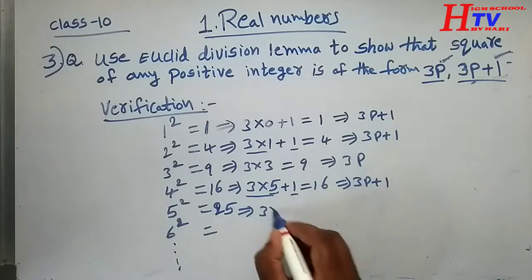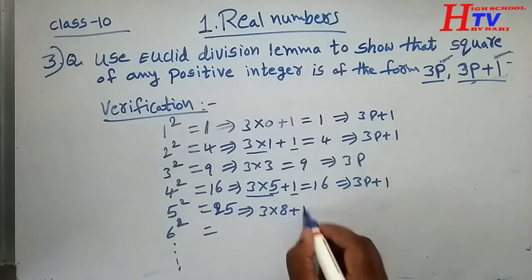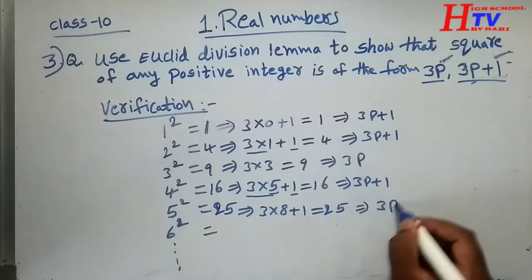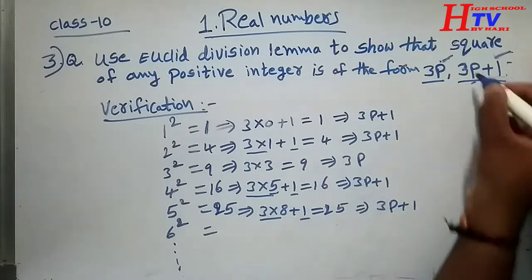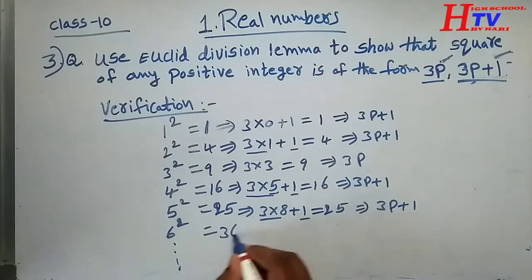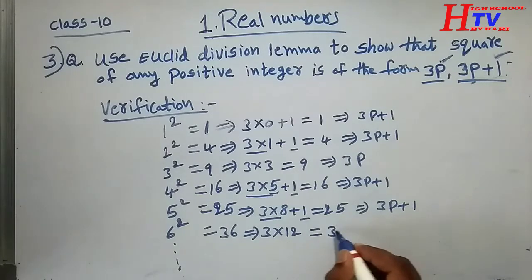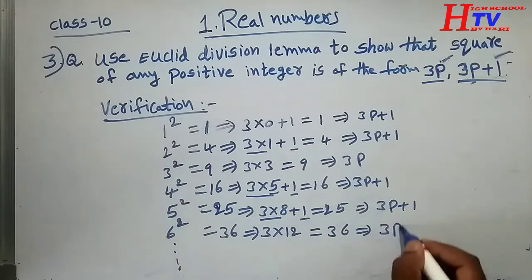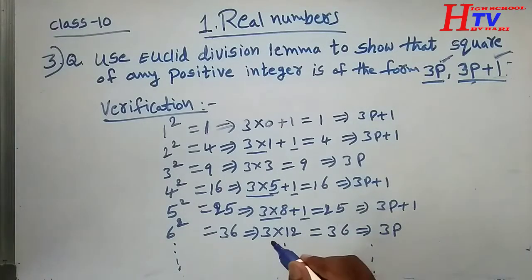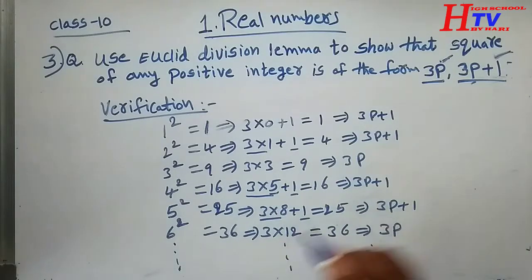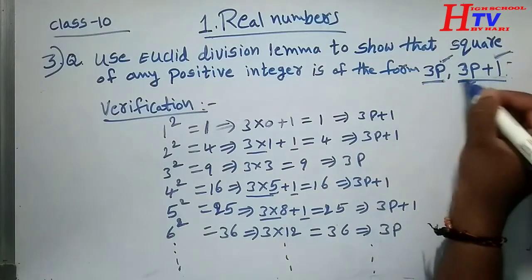That implies 3 eights are 24 plus 1, it is 25, in the form of 3p plus 1. 6 square is 36. Here 3 into 12, 12 threes are 36, no remainder. Directly it is in the form of 3p. Like this, we can apply square to any positive integer, and we get the form either 3p or 3p plus 1.